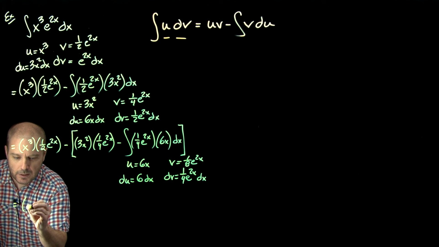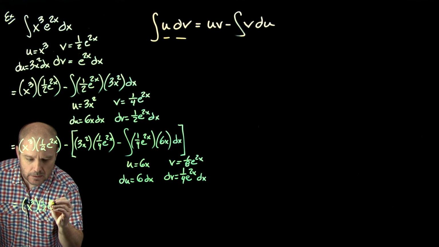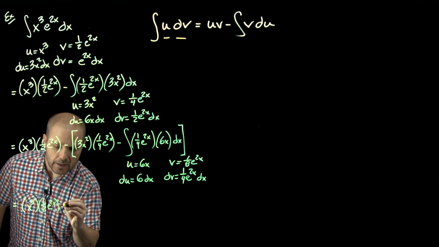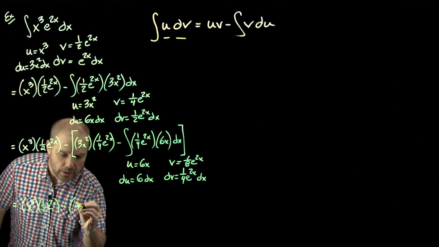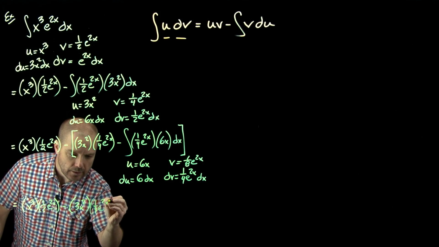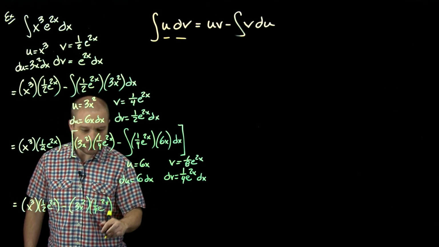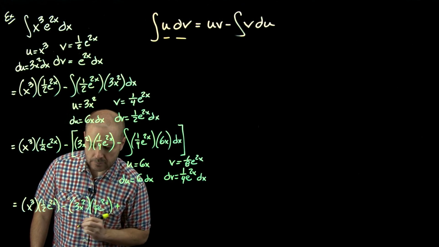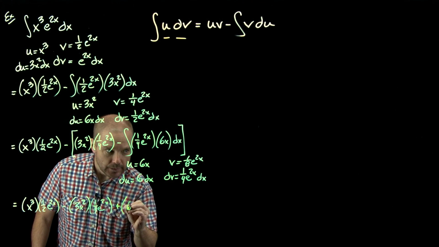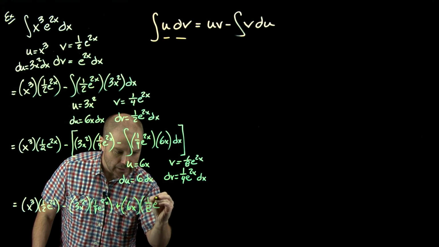So we have x cubed times 1/2 e to the 2x, minus 3x squared times 1/4 e to the 2x. Then minus a minus uv, so plus 6x times 1/8 e to the 2x.